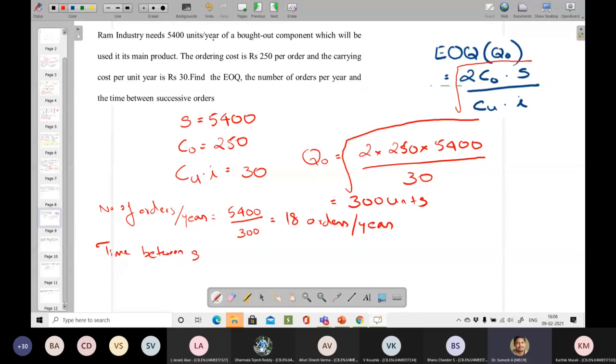So the time between successive orders. How will you find it? 18 orders in a year you need to place, so the time will be less than 30 days. What is the exact value?